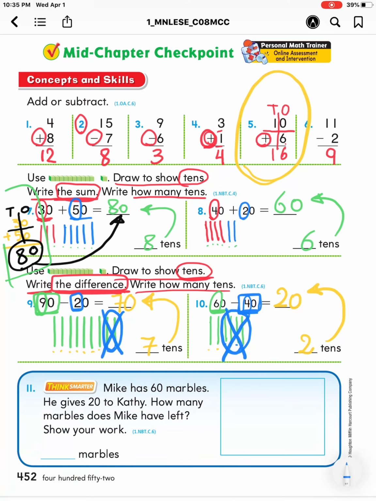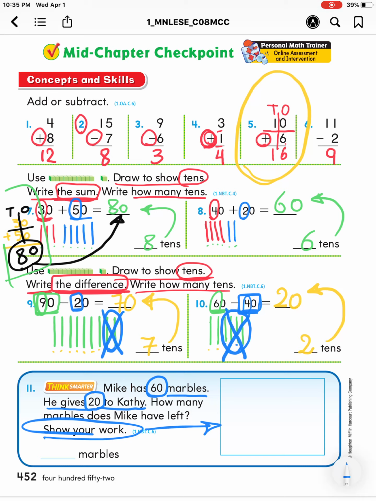Now, Mike has 60 marbles. He gives 20 to Kathy. How many marbles does Mike have left? Show your work. Show your work means here to draw. He wants us to draw.